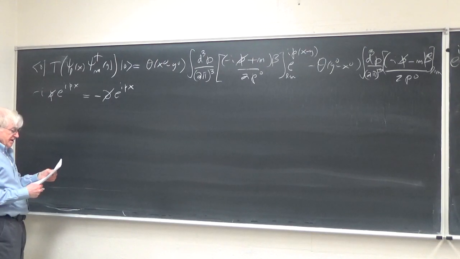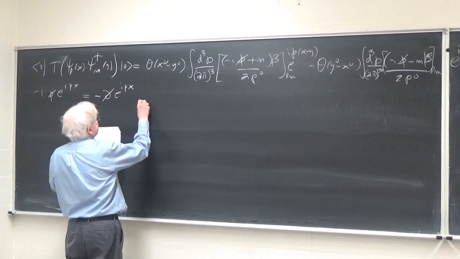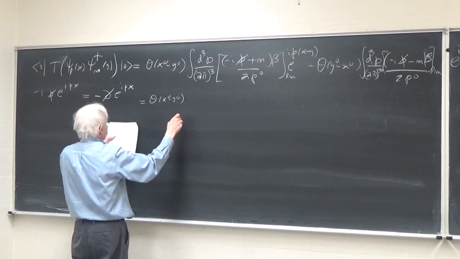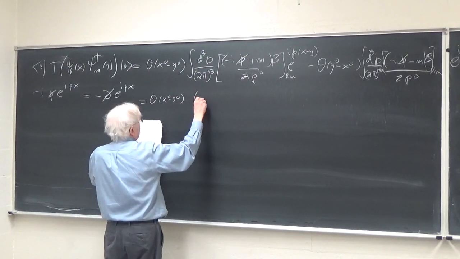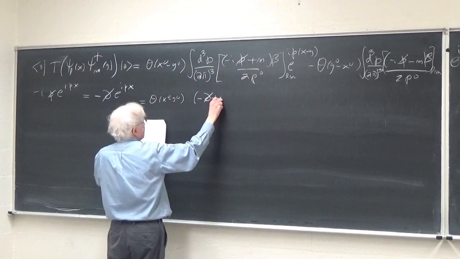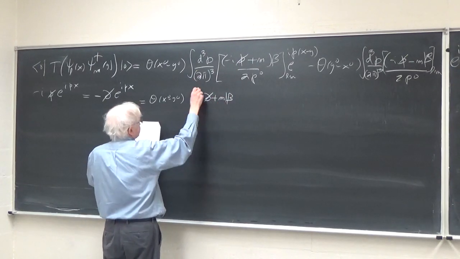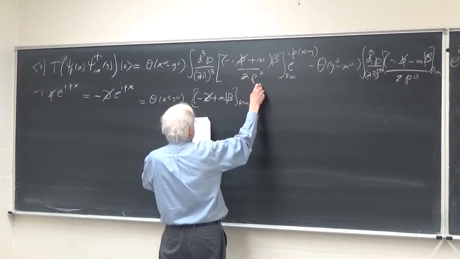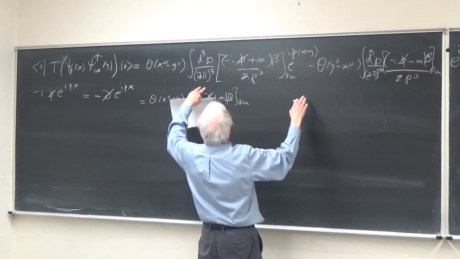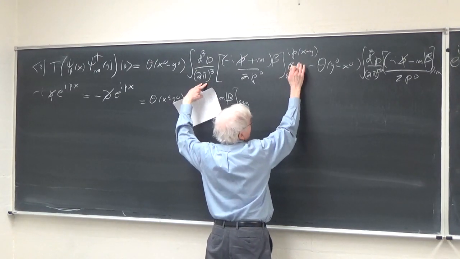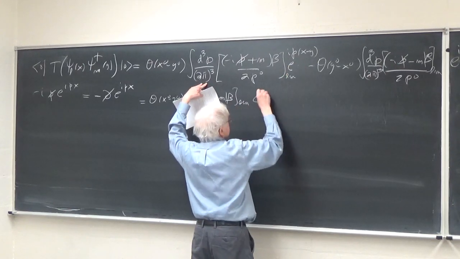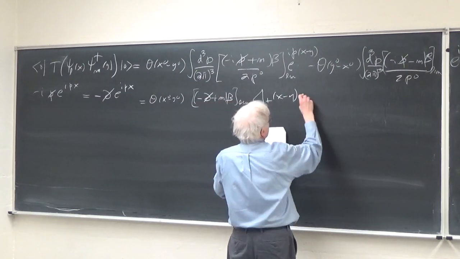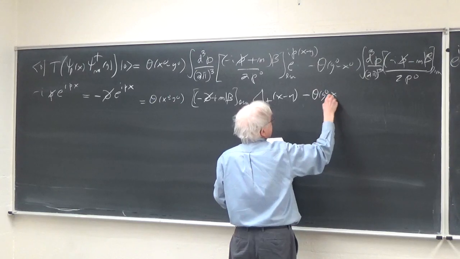And so what we can do here is write this as theta(x0 minus y0) minus d-slash plus m beta Lm acting on what's left here, d^3p over (2 pi)^3, this space factor. That is delta plus. And then we have minus theta(y0 minus x0).